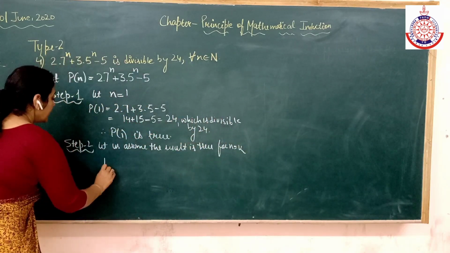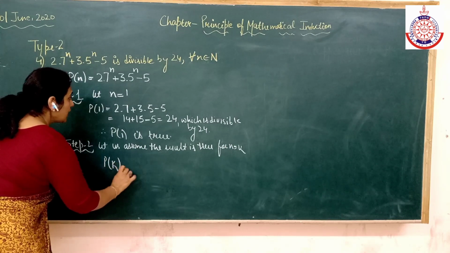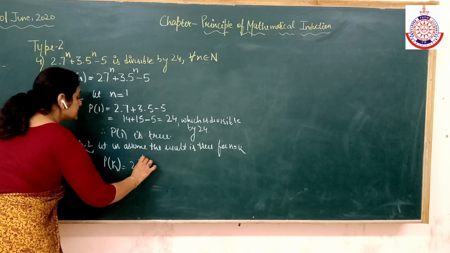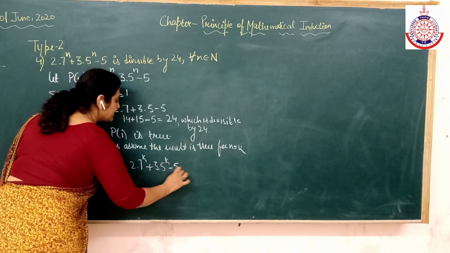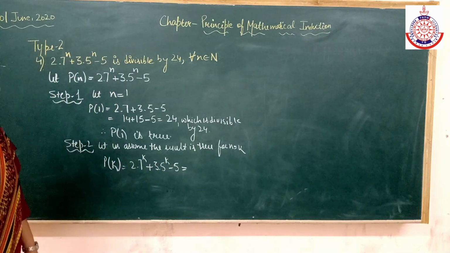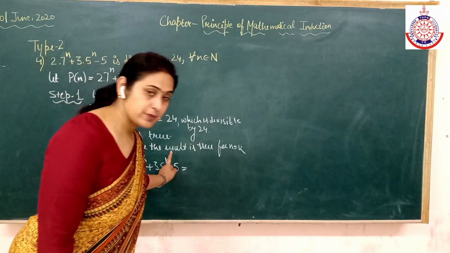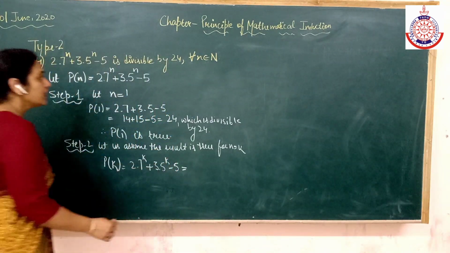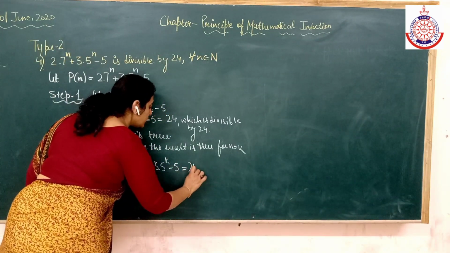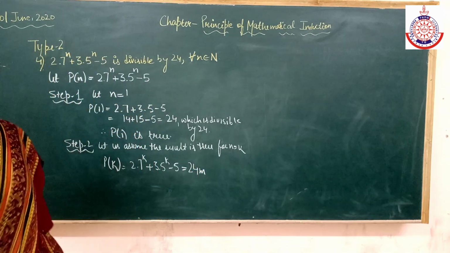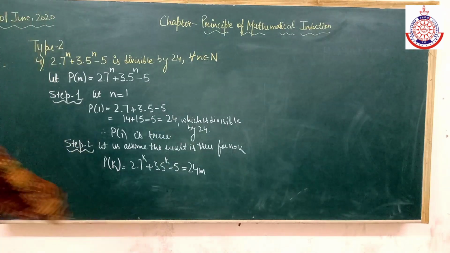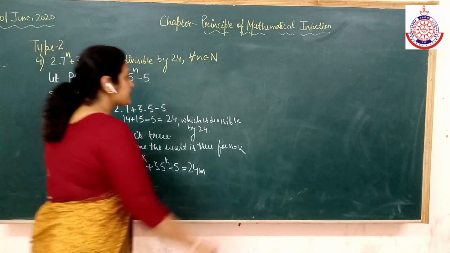That means if I find out Pk, that is divisible by 24. That means Pk, that is 2 into 7 raised to power k plus 3 into 5 raised to power k minus 5, is divisible by 24, means 24 into something, where m is a positive integer. Is it clear? Alright. Now what is my next step?